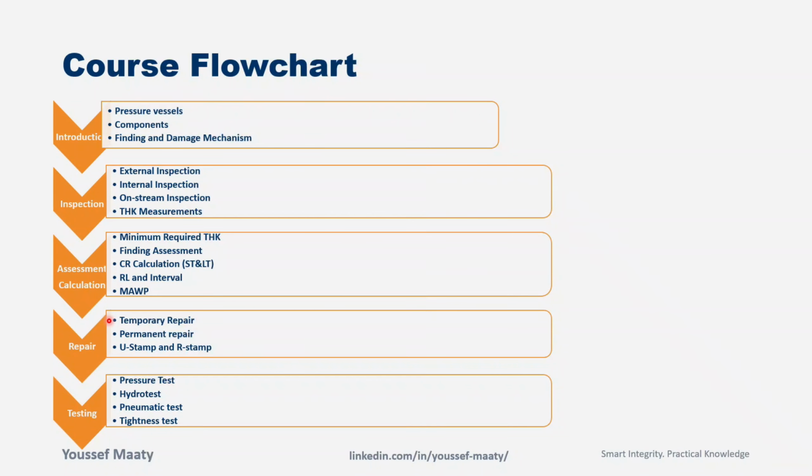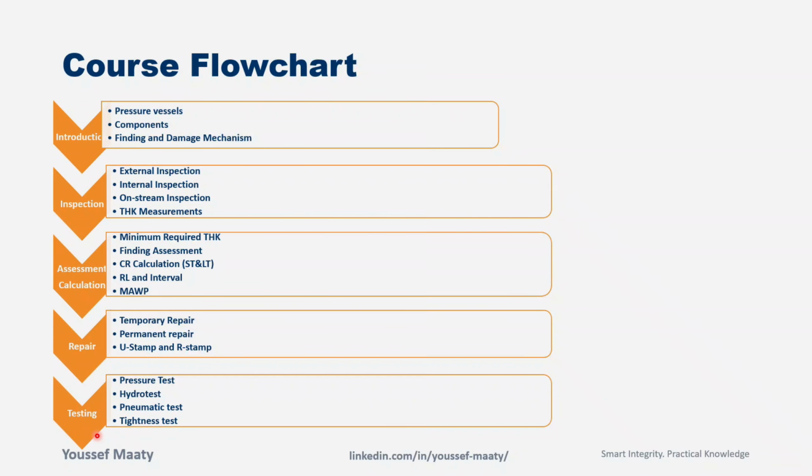We will discuss temporary repairs and permanent repairs, including the repair methods most commonly used in industry. We will also explain U-stamp and R-stamp requirements and when an ASME inspector must be involved in repairs. The fifth section covers testing, including hydrostatic, pneumatic, and tightness testing. We will discuss each type in detail when we reach that section.